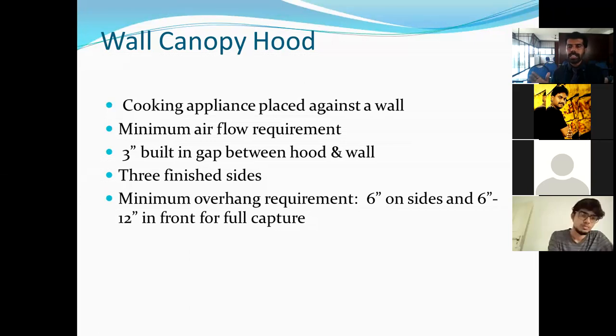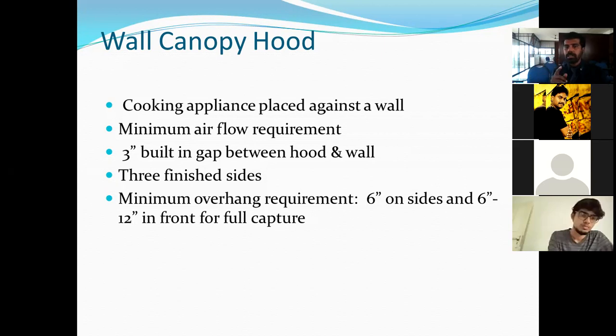So there are 2 different types of methods to find out the kitchen hood ventilation or the kitchen hood dimension. One is the ASHRAE method, and the next one is the MACNA method. The MACNA method was the method that we have discussed earlier, in the sense that if you have the length and width of the stove, length plus 0.8 into height, that is the MACNA method.